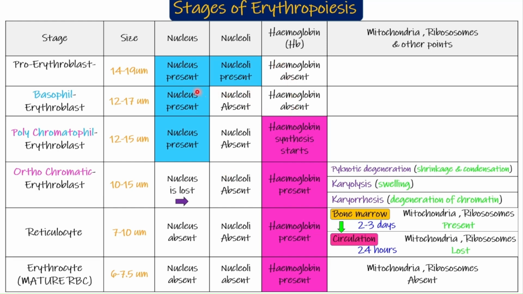Okay, now, it will be easier for you to remember if you focus on the words. Basophil, orthochromatic, polychromatophil. Now, basophil. The term basophil comes from the basophilic staining. Now, we have eosinophilic staining and the basophilic staining.